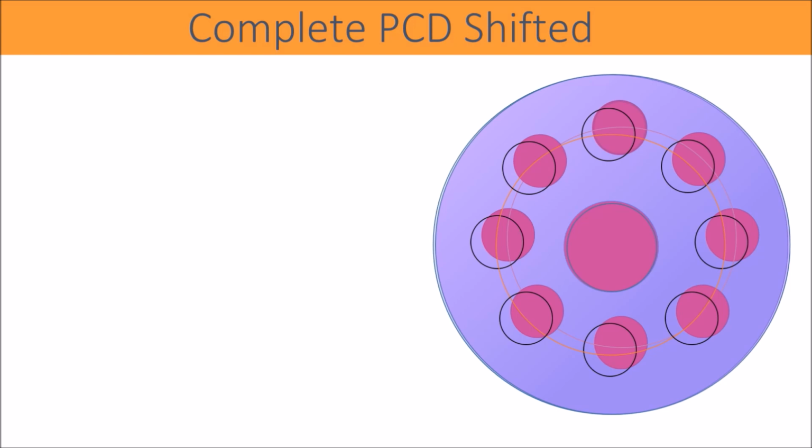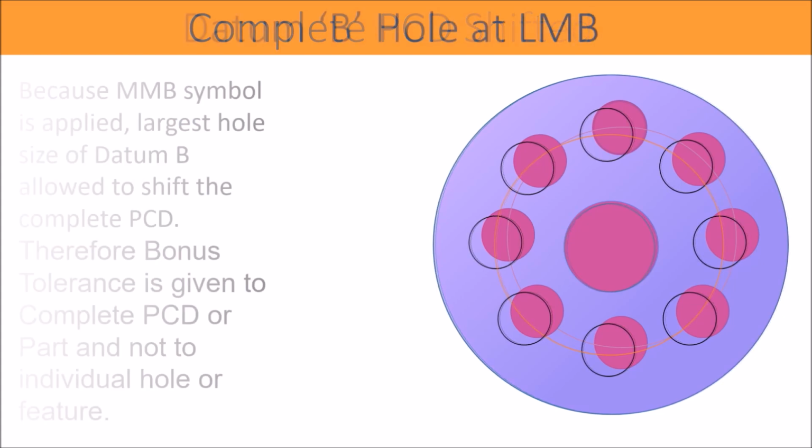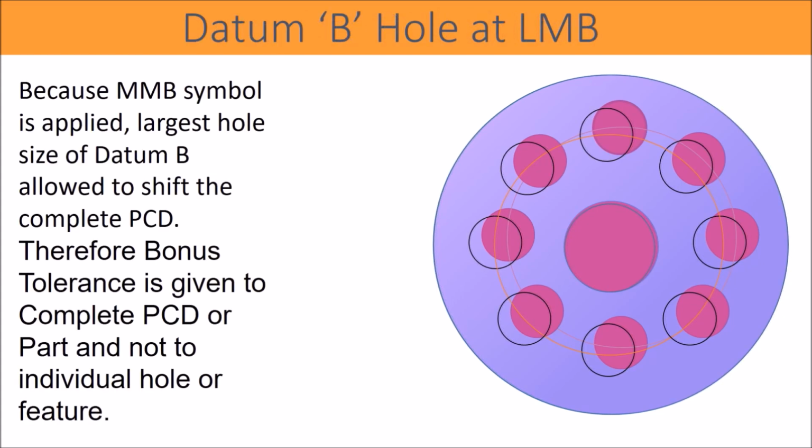In the last slide, we discussed a single feature out of tolerance condition, and this condition explains that the entire pitch circle diameter is moved. This assembly clearly explains that all PCD holes are uniformly translated or shifted.